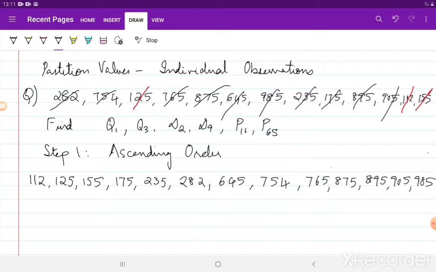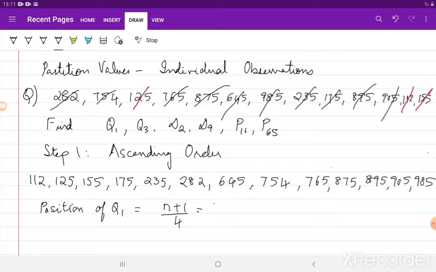Now to find the position of each of these partition values, let's start with the position of Q1. Since Q1 means 1/4 of the total observations, I shall write it as (n+1)/4. Remember, in individual observations using n+1 is more helpful.